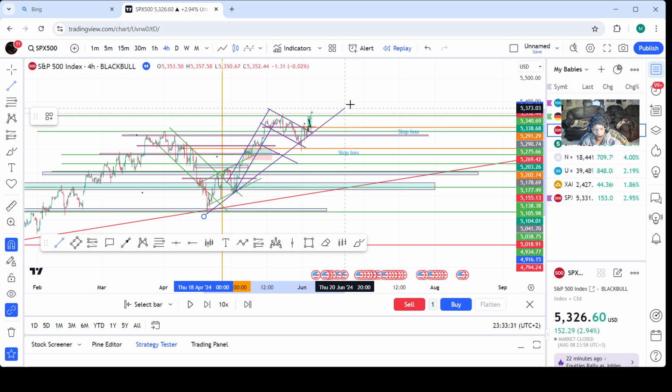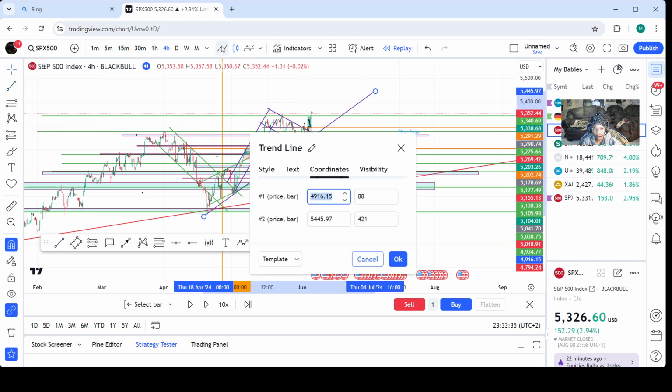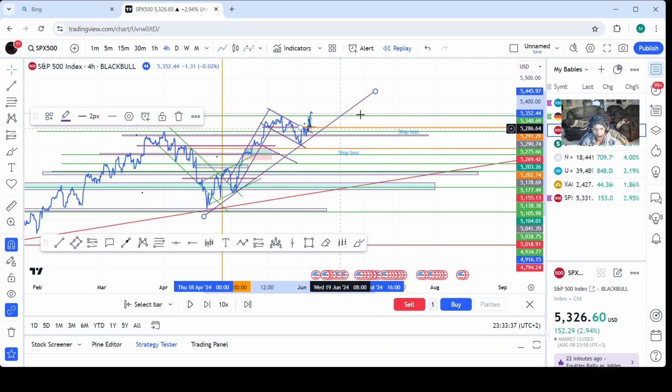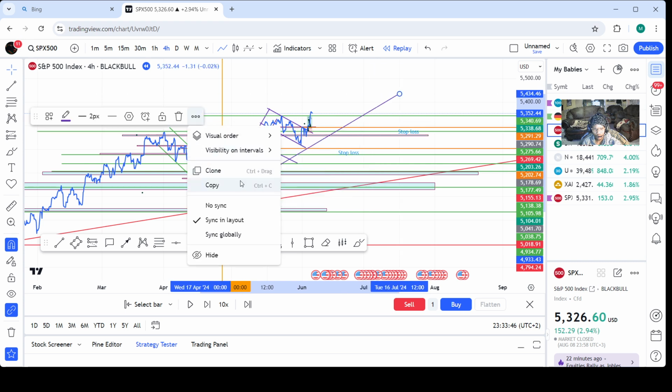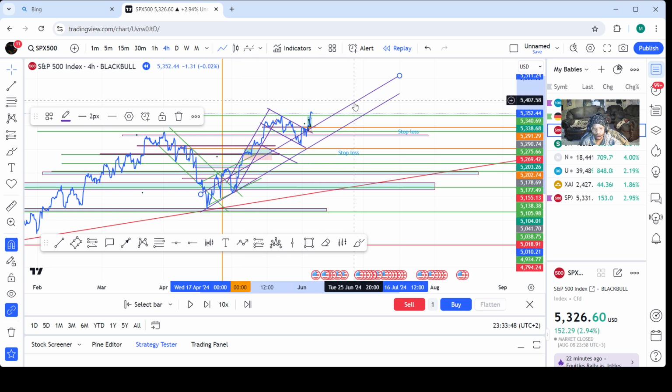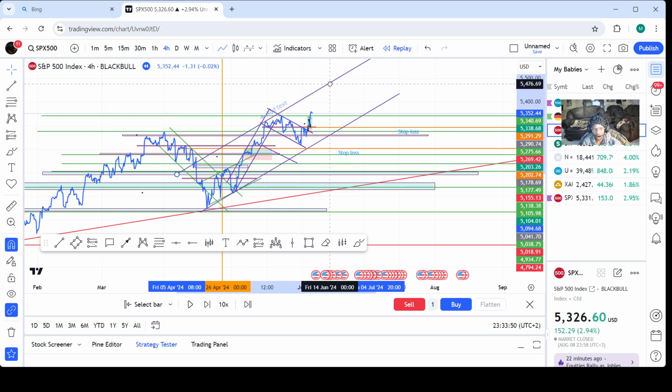So we can have a trend also going through here. Let me just use a line just to confirm. So adapting to what the market is doing is literally essential.